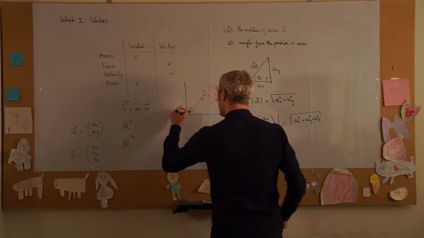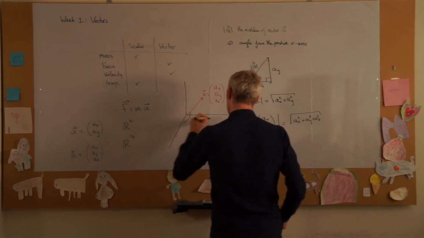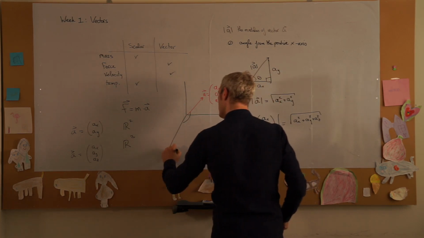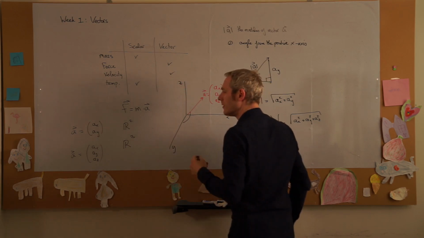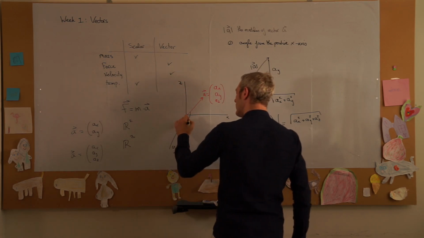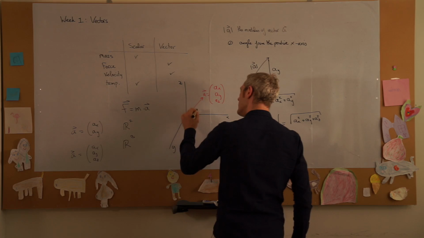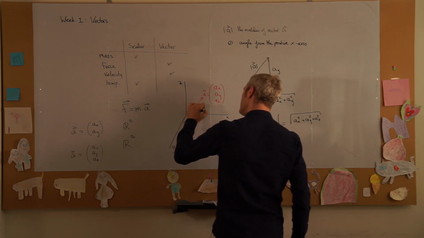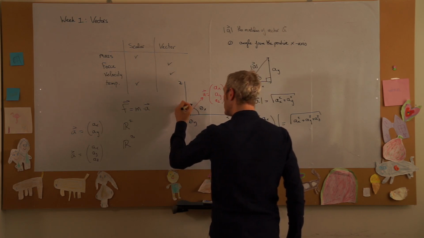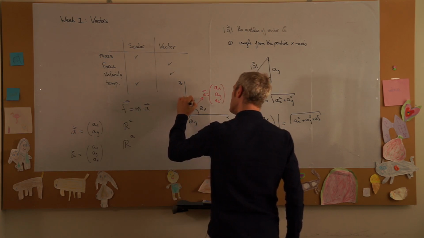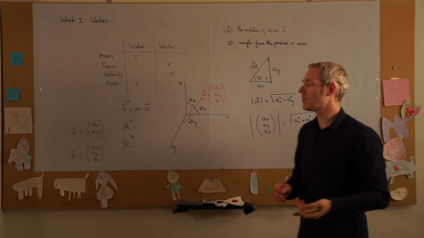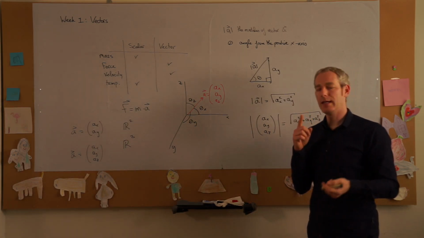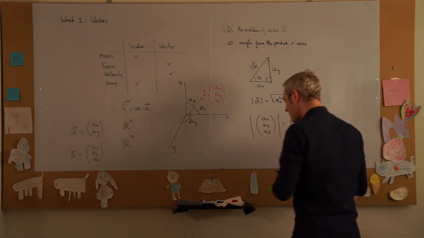Because we have an angle here, if this is X, Y, and Z, we have an angle here, let's call it theta Y. We have an angle with respect to the x-axis, theta X, and we have one with respect to the z-axis. So a vector in 3D is not defined by one angle, it is defined by 3.